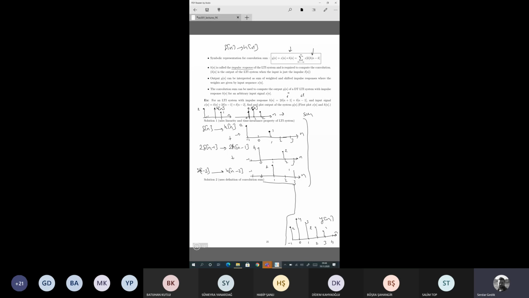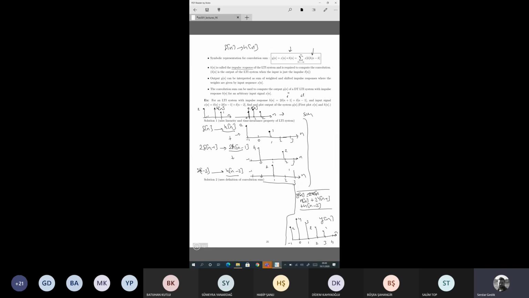But in this case, y of n is nothing but h of n plus 2 times h of n minus 1 plus h of n minus 2. So this is my simple y of n, the sum of those 3 terms. Okay. So this is the first way to solve the output for an arbitrary input.